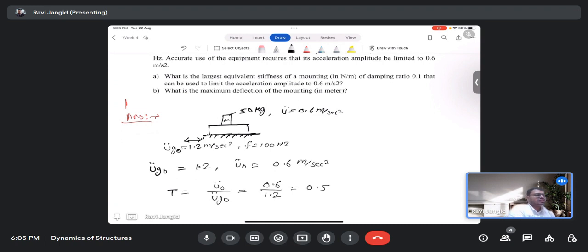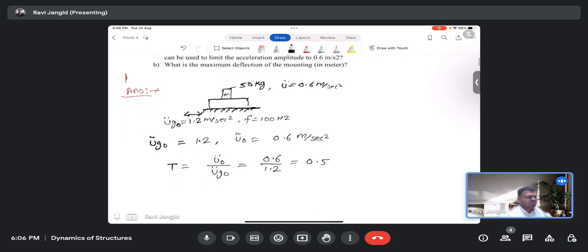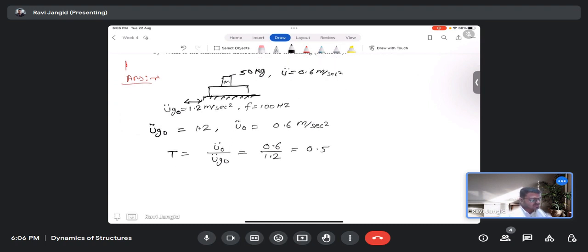So now, using this transmissibility, I need to find the stiffness of the system so that my system works better, with the limitation of 0.6. So what is the transmissibility of the system? Here we are talking about absolute, nothing is related to relative.